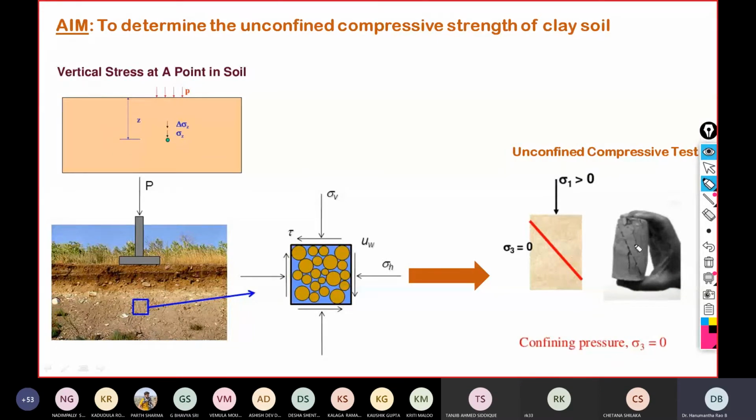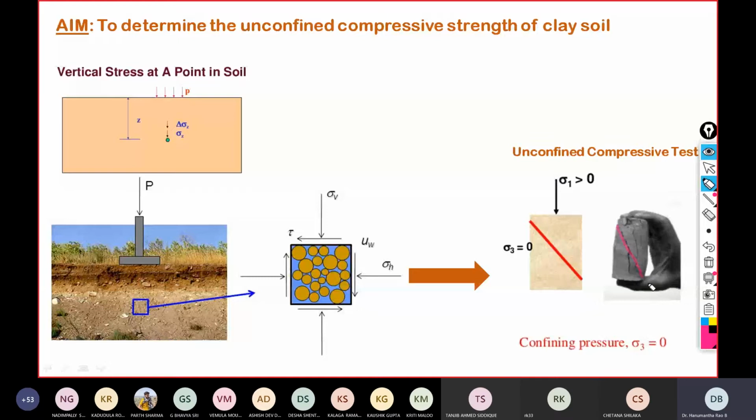Not only a single crack, but multiple cracks. But there is one major crack in the diagonal direction. This is called a failure plane. Usually all failure planes in soil are diagonal. The angle made by this failure plane is 45 plus phi by 2.